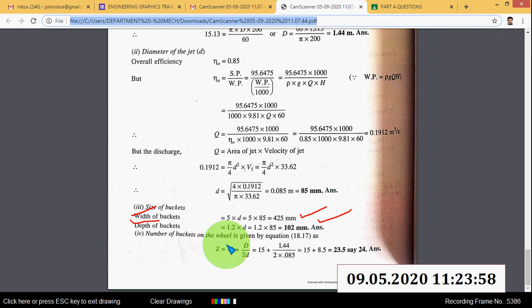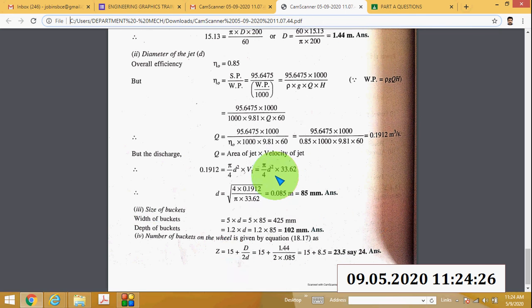Then the number of buckets on the wheel is given by the equation Z equal to 15 plus D by 2d, so that is 15 plus 1.44 divided by 2 into small d, where small d is 85 mm, that is 0.085 meter. So you will get 23.5, say 24. This is the number of buckets.